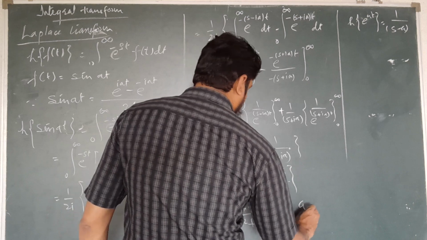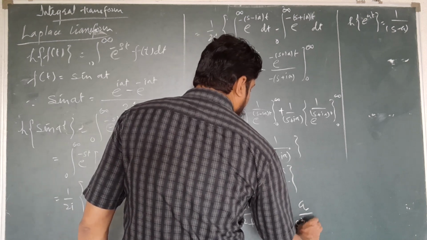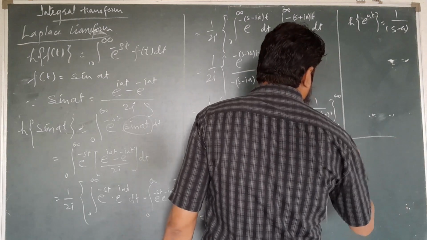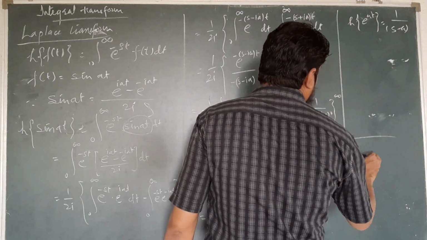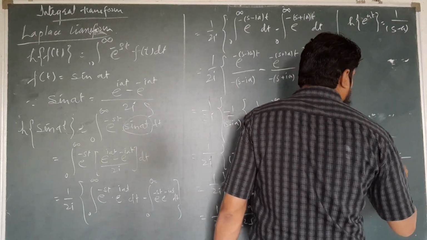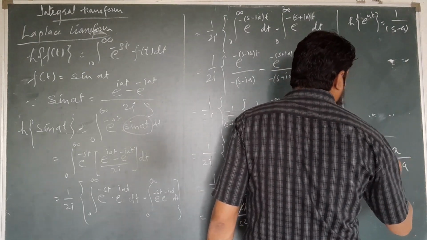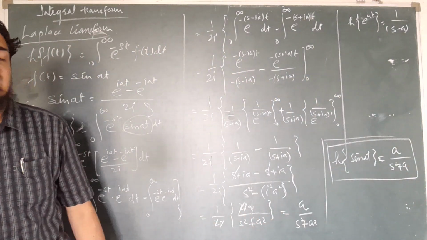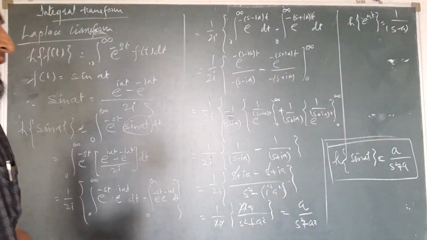We get a upon s square plus a square. This implies that the Laplace transform of sin at is equal to a upon s square plus a square. And it is the required result for the trigonometric function sin at.